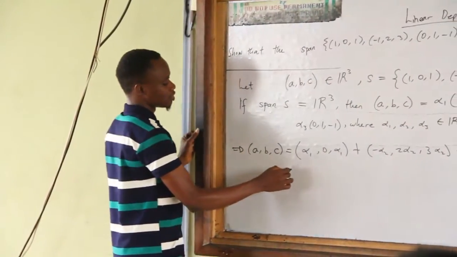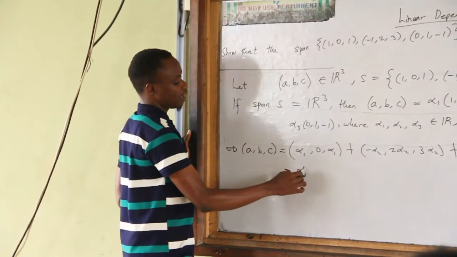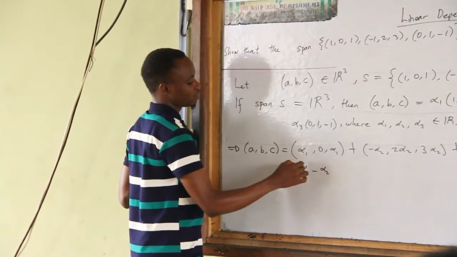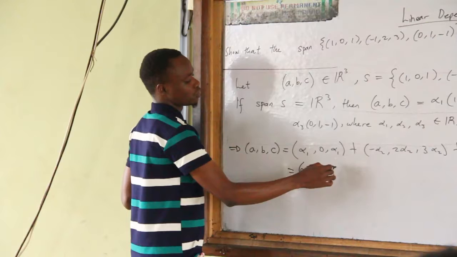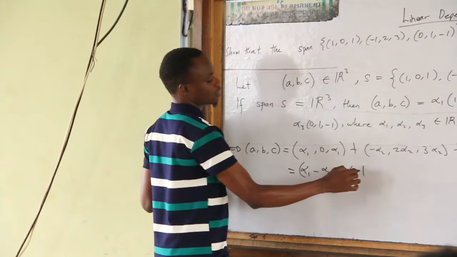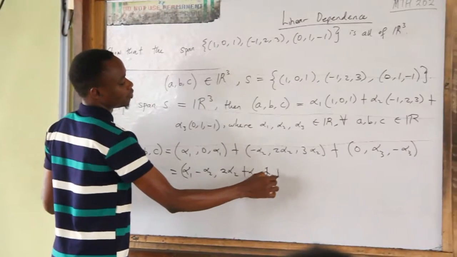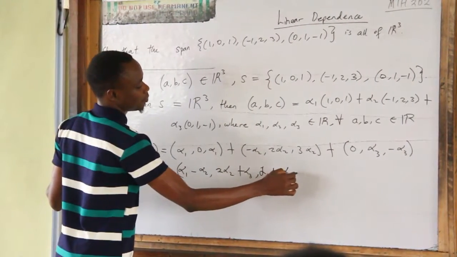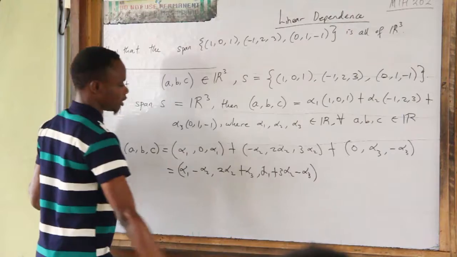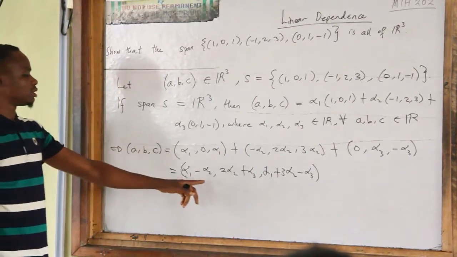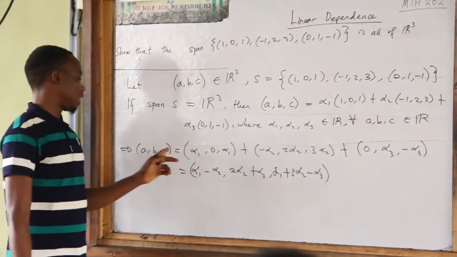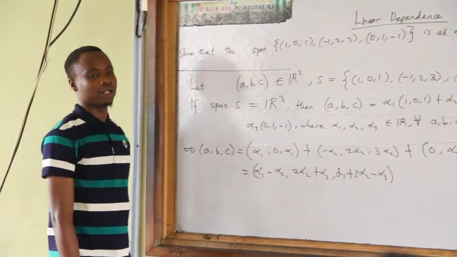So this should give us (alpha 1 minus alpha 2, 2 alpha 2 plus alpha 3, alpha 1 plus 3 alpha 2 minus alpha 3). That means that a should be equal to this, b should be equal to this, and c should be equal to this. Is that clear?